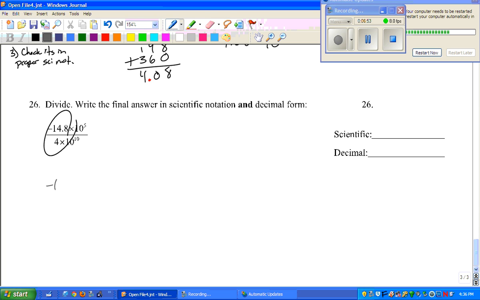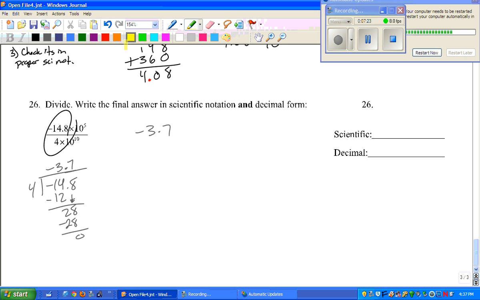So off to the side, you should be doing negative 14.8 divided by 4. 4 goes into 14 3 times. Carry down the 8. 4 goes into 28 7 times. And that's negative, so negative 3.7.